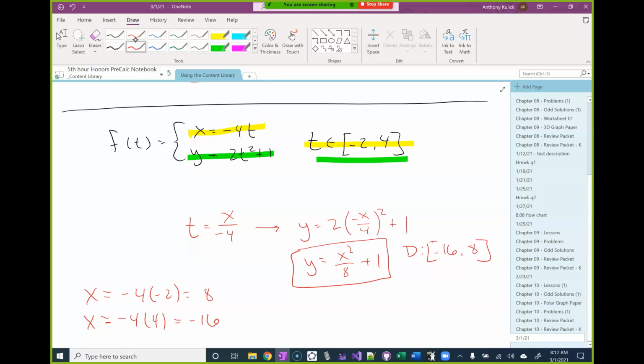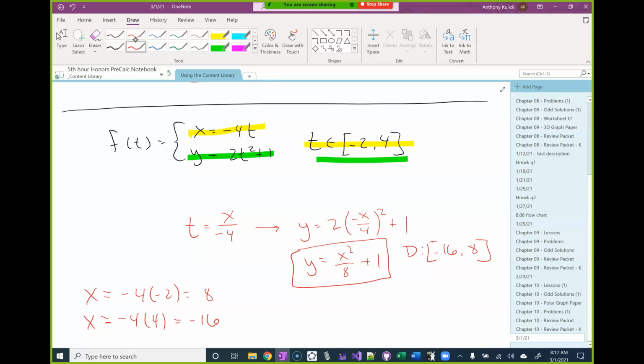Everybody agree with that? Can we look at this quadratic equation and tell whether the parabola opens up or down just by looking at it? Yes. Which one is it? Up. Because the leading coefficient is positive. Exactly. So this parabola is opening up because its leading coefficient is positive. Everybody's good with that?